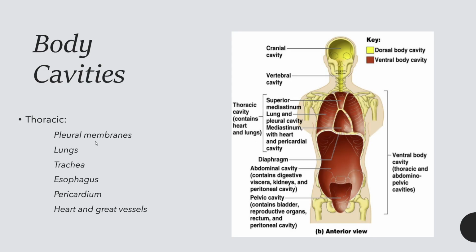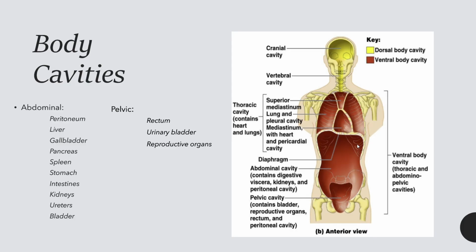Within the thoracic cavity, we have pleural membranes that cover the lungs and the body cavity outside of the lungs themselves, the trachea or the windpipe that's going to go down and connect to the lungs via bronchi, the esophagus, which will be a little posterior to the trachea, connect to the stomach, the pericardium that will surround the heart, and the heart itself with its great vessels like the aorta and vena cava.